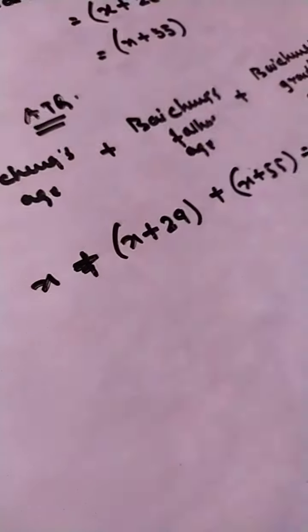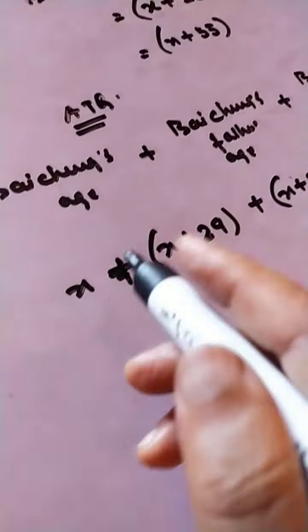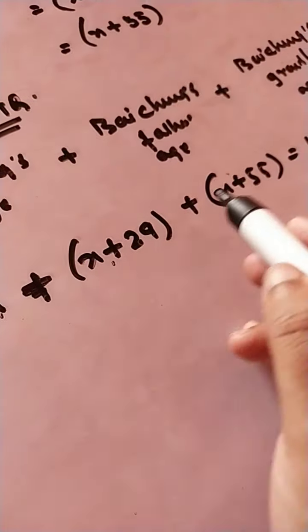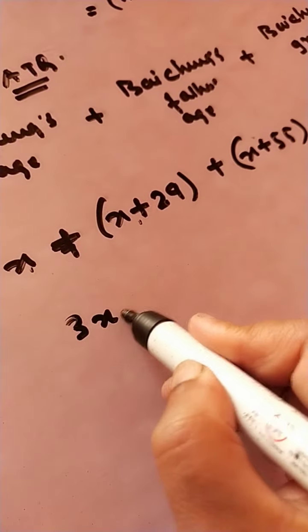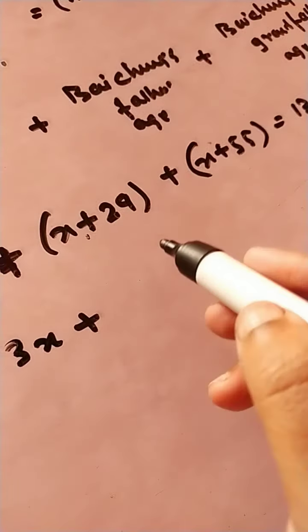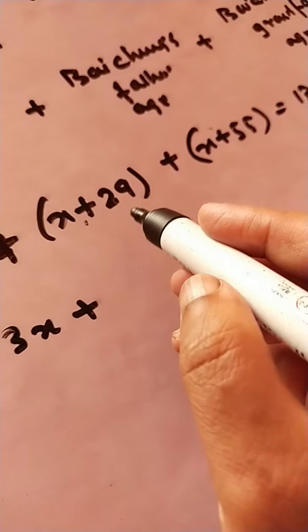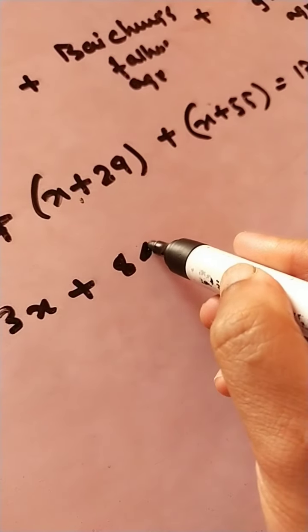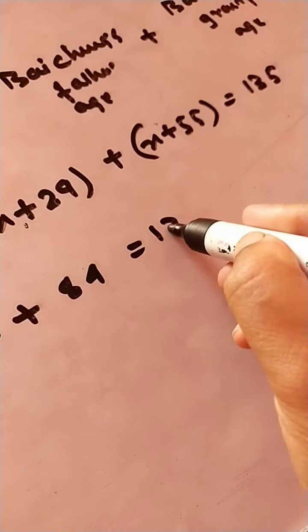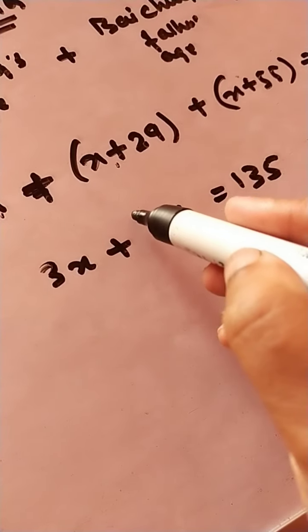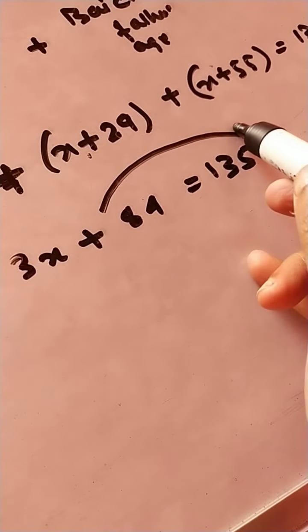Now we have to solve this to get the value of x. So x plus x plus x is 3x. Now 29 plus 55 is what? 5, 6, 7, that means 84, equals 135. Now we all know what we have to do. We have to transpose this plus 84 towards the right hand side.